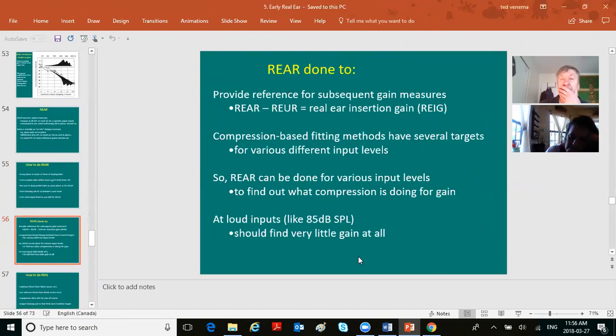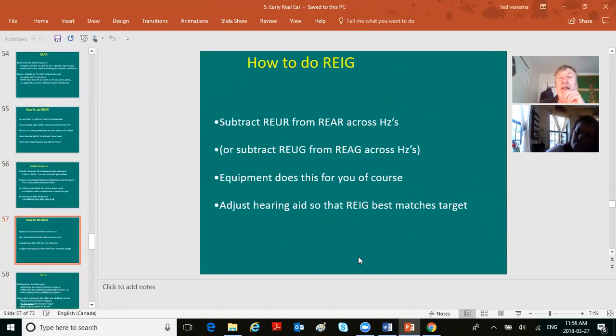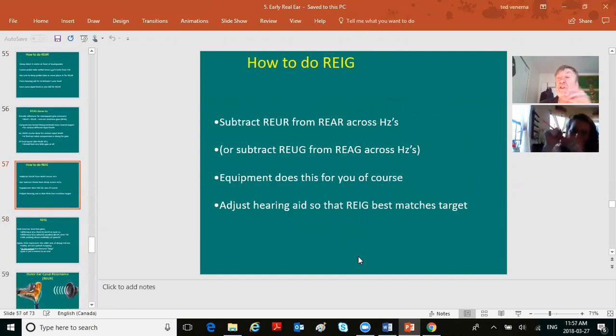Well, again, you're going to get aided stuff. So read or have a look what it says here. Here's REIG. How do you get it? Subtract REUR from REAR. Okay, the equipment does this for you, of course. And then you just adjust the hearing aid so that REIG best matches target.